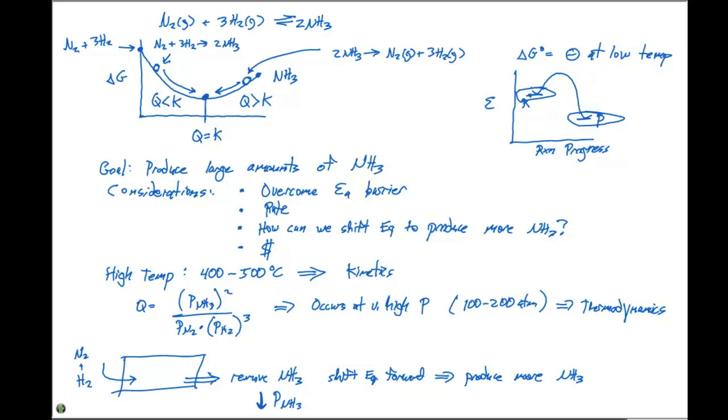Right now we use this as fertilizer for our crops. So it's a very important process, and I like using this as an example, because it relates together kinetics and thermodynamics. And it shows the importance of each one in a particular chemical process.